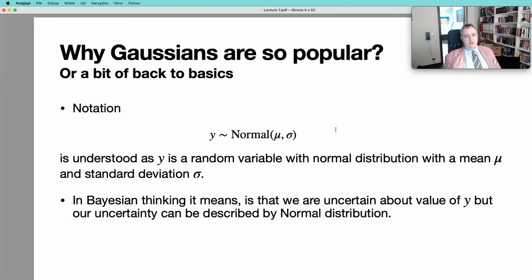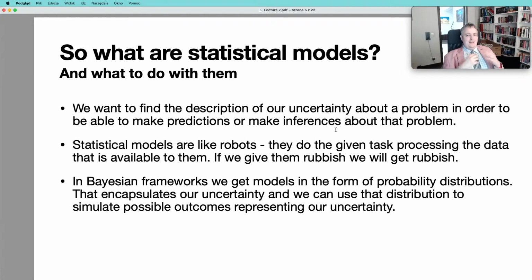So we have two parameters that give us the coverage of variable y, and generally we always want to find a description of our uncertainty about the problem, because knowing that we can make inferences or predictions with margins of safety, because in a situation of uncertainty we almost never are able to exactly predict the value of interest.